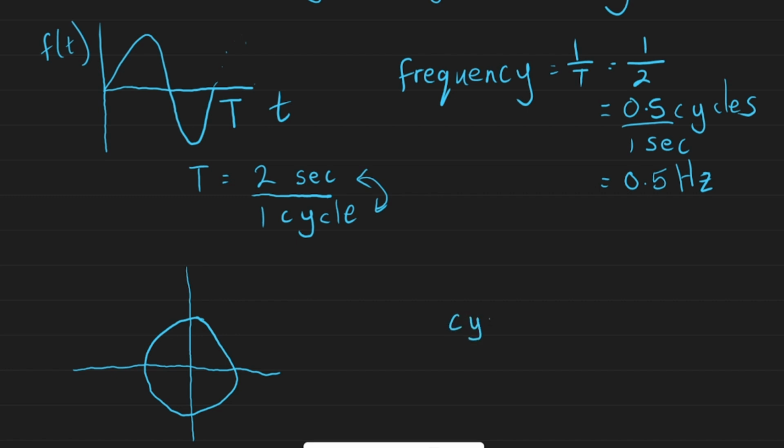So we have the number of cycles in 1 second, also the unit hertz. So how would we relate this to be in terms of radians? Well, we just do some dimensional analysis. We have cycles, and 1 cycle, starting from the circle and going round, is essentially 2 pi radians.